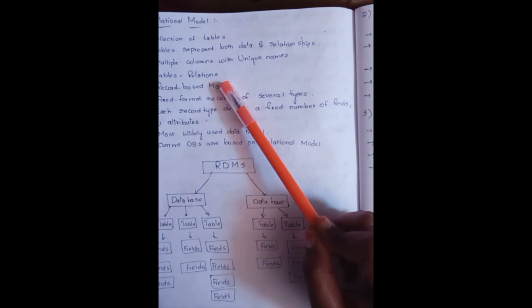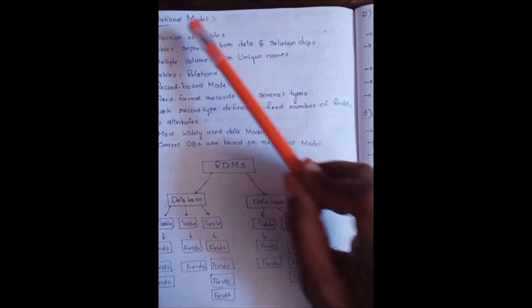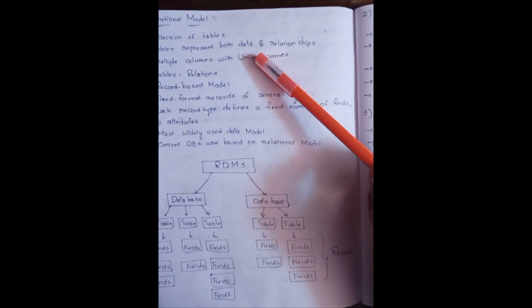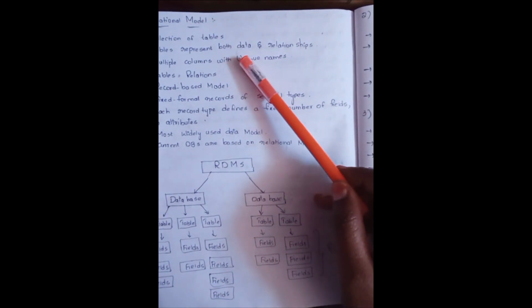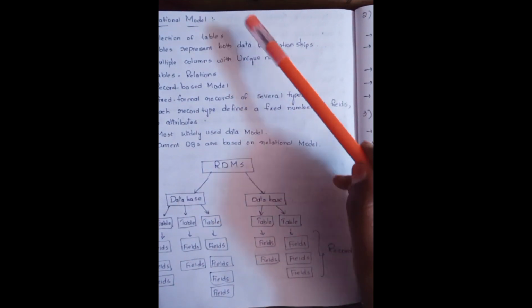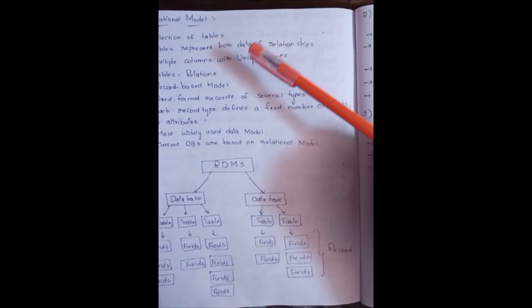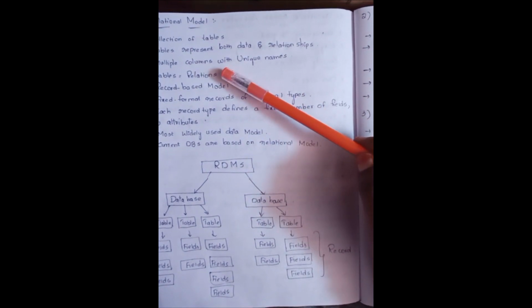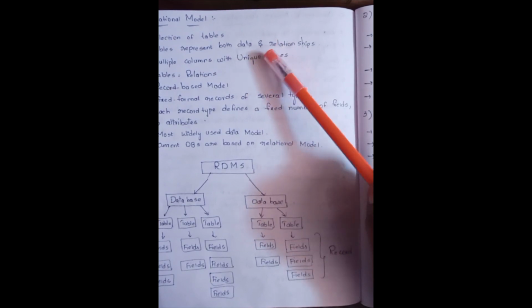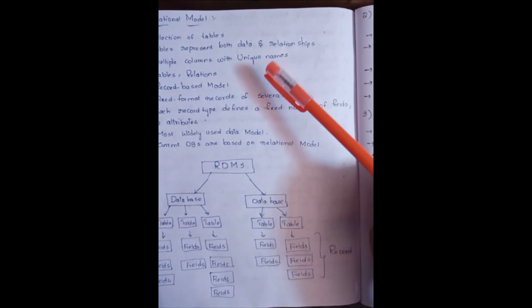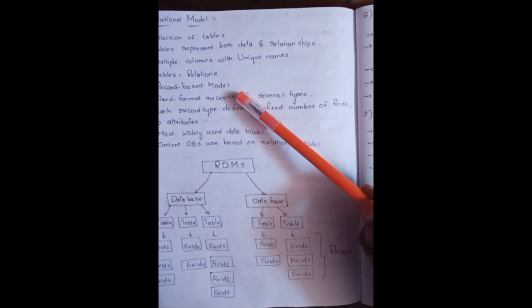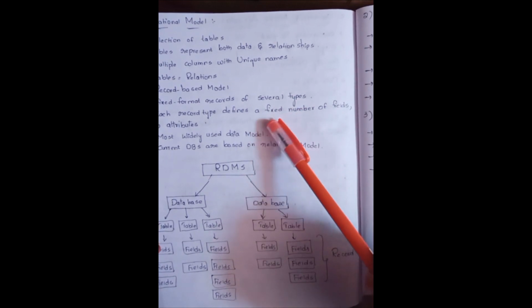Now why is it named the relational model? Because in a relational database management system, we refer to tables as a relation, because in relational model everything is a relation. Obviously the data are to be stored in a relation or table only, and the relationship among the data and the relationship among the tables is going to be stored in the relation only.